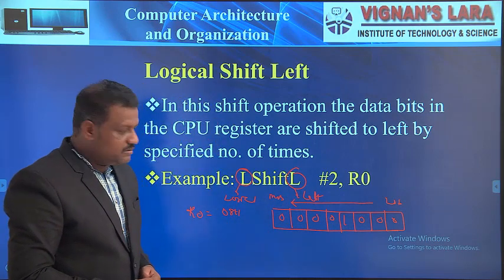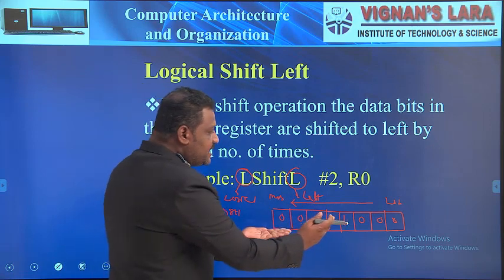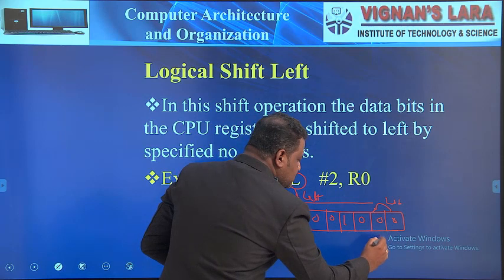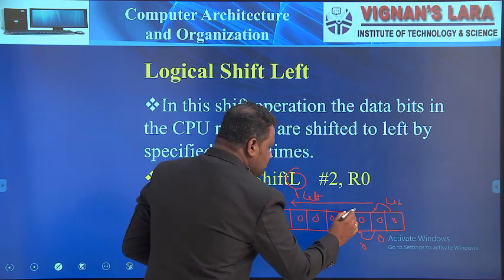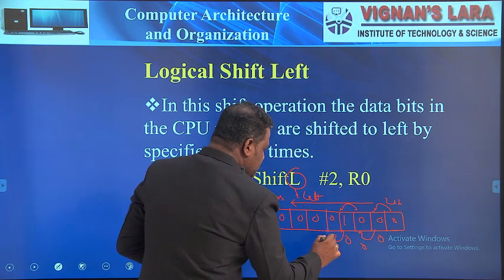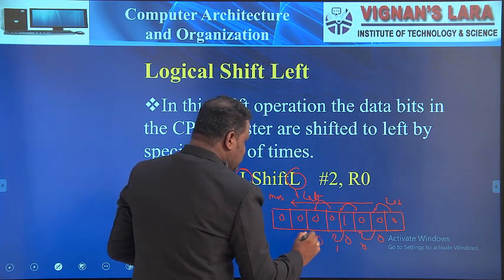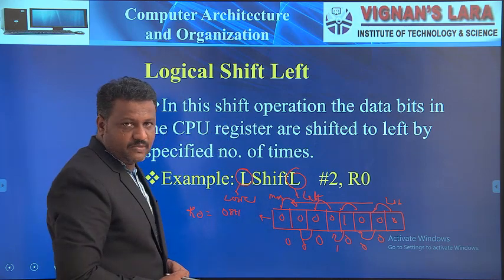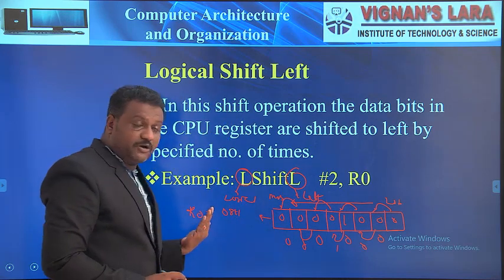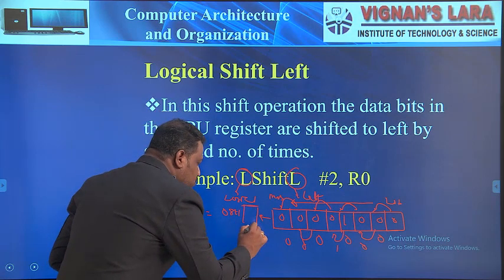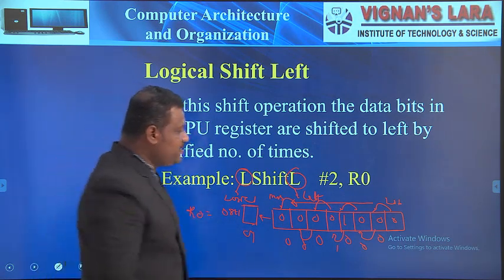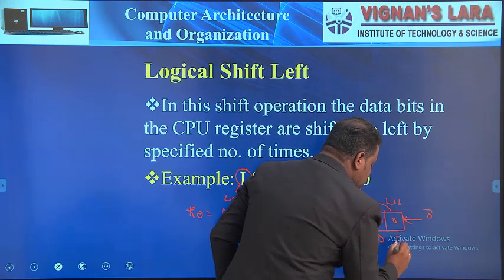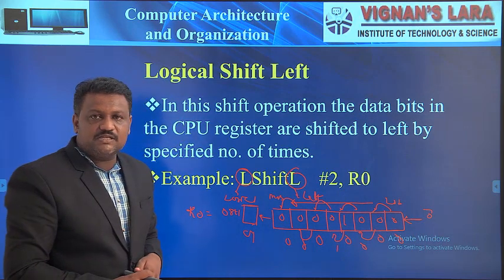If I shift this data one time, the bits move one place to the left, and the bit at the MSB end goes off the register. Whatever bit goes off from the register goes straight away to the carry flag. At the same time, a vacancy is created at the LSB, which is now filled with 0.